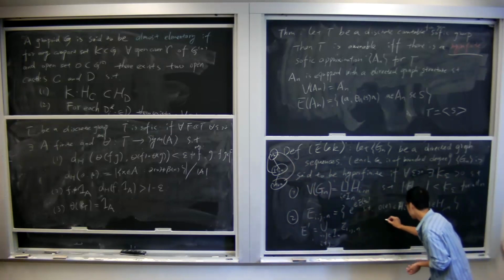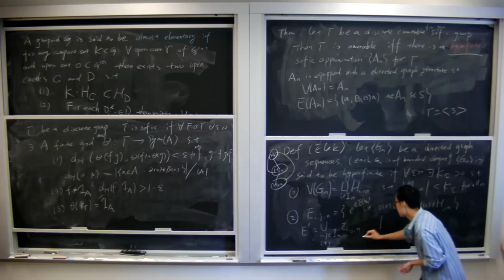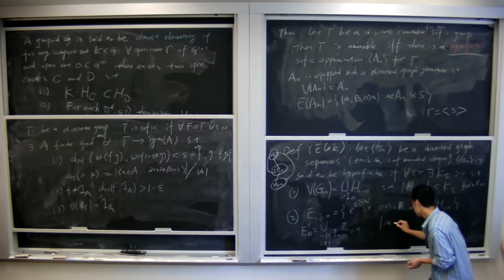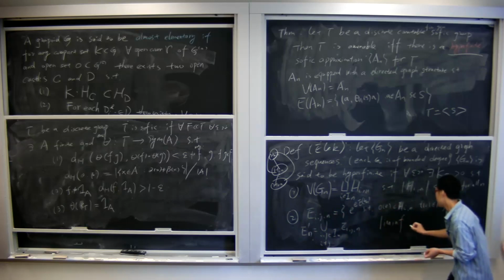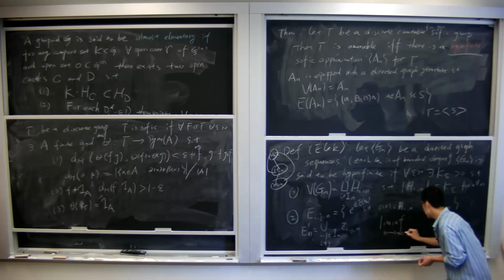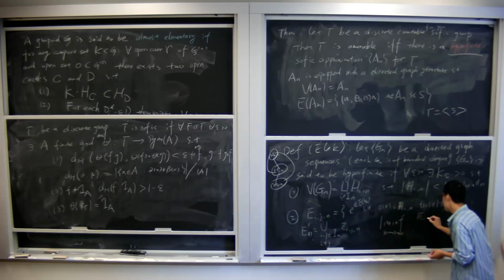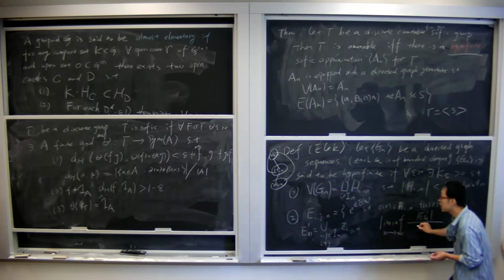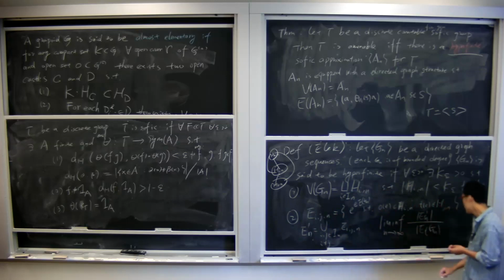Now what we want is, of course keeping the n here, the lim inf as n goes to infinity of the cardinality of E_n' over the whole edge set of G_n.